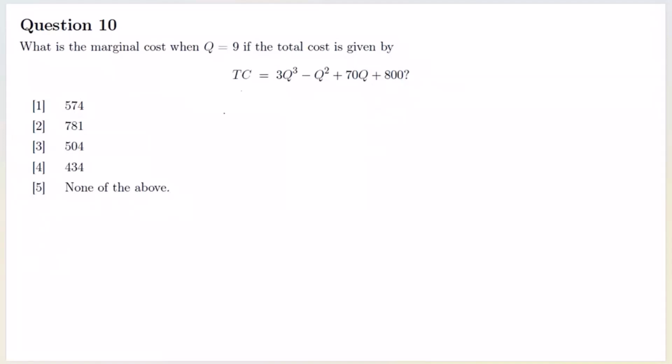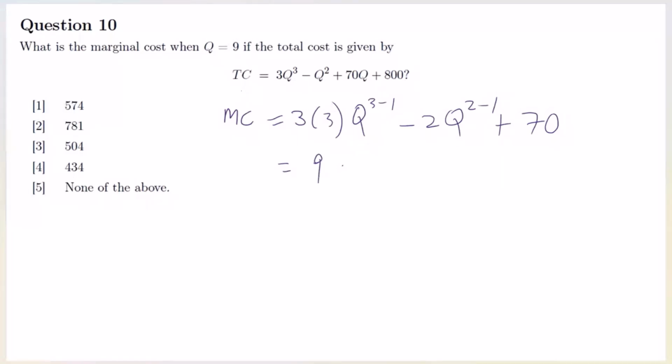So the marginal cost is going to be equal to 3 times 3Q to the power 3 minus 1, minus 2Q to the power 2 minus 1, plus 70. That is the derivative. This is going to be equal to 9Q squared minus 2Q plus 70. That is your marginal cost.